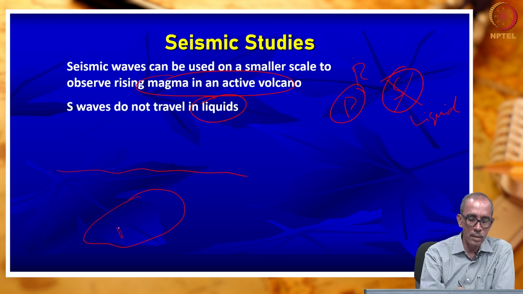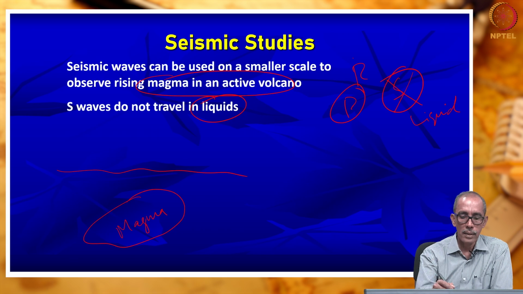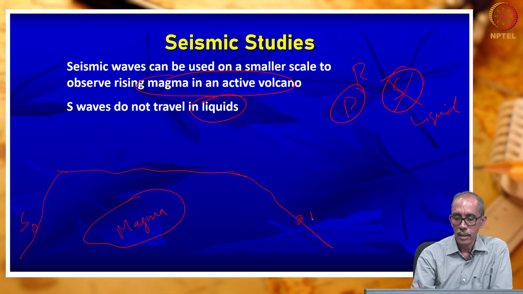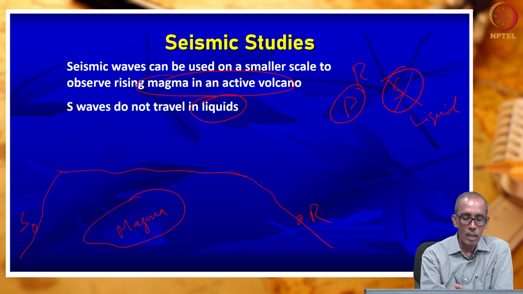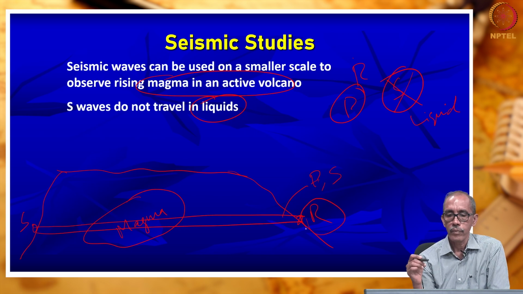In this zone, rocks are melting, becoming magma. Right. When rocks are becoming magma, imagine it is a kind of a small hillock. Imagine we are investigating, this is the source and here is the receiver. Right. On the other side, when the rocks are not melting, when they are solid, from the source, both primary and secondary waves will be received by the receiver.